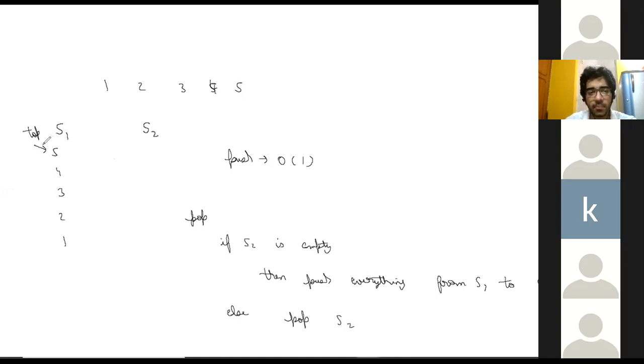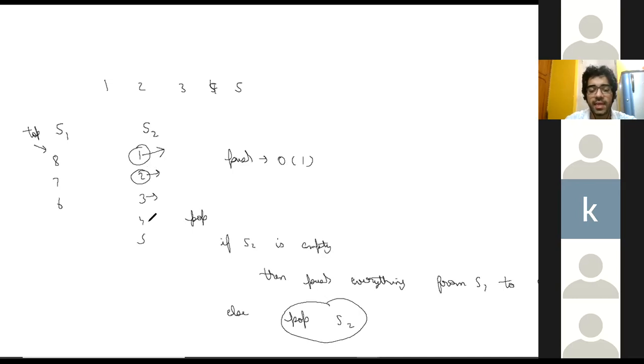When everything is pushed from S1 to S2, it will look something like this, and S1 will be empty, and you will take out this element. So this is removed. Now let's say you have to insert 6, 7, 8. Okay, and now you have to perform pop. Then you will perform pop from S2 only, because S2 is not empty.